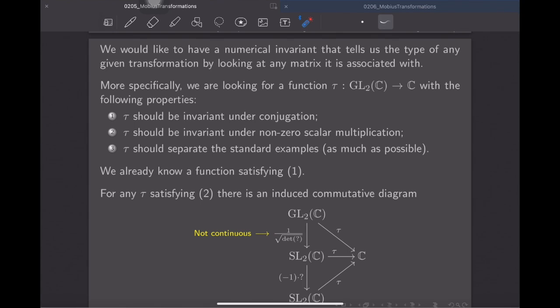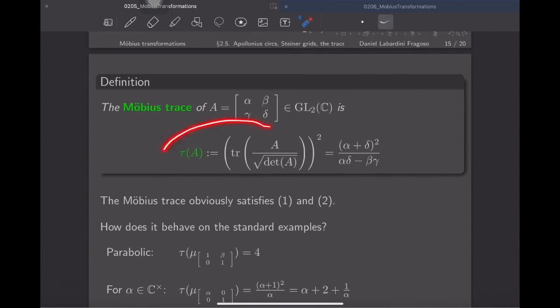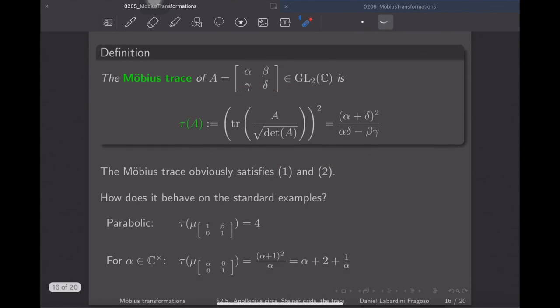And then we did some obvious considerations, and we realized that we know a function that is invariant under conjugation of matrices, namely the trace. And then with other obvious considerations, we arrived at a formula, a numerical invariant, a function that to each matrix associates a certain complex number. And we saw that it is possible to determine the type of the Möbius transformation of the matrix.